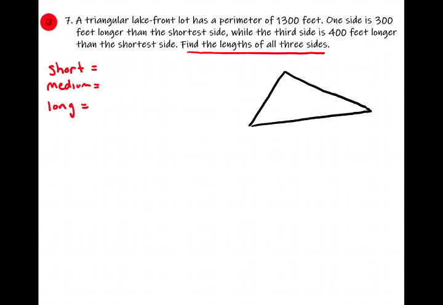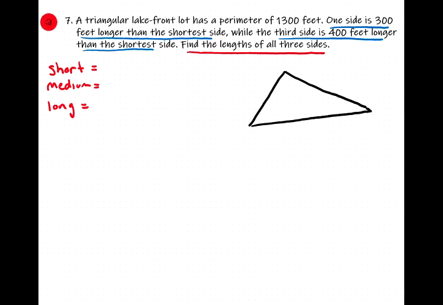So we could say, well, one side is 300 feet longer than the shortest, and the third side is 400 feet longer than the shortest. So if we knew how long the shortest side was, we could figure out the other 2 by adding 300 to get the medium one, and by adding 400 to get the longer one.